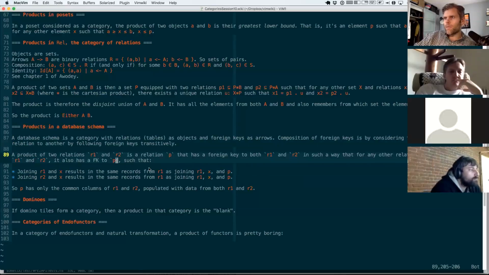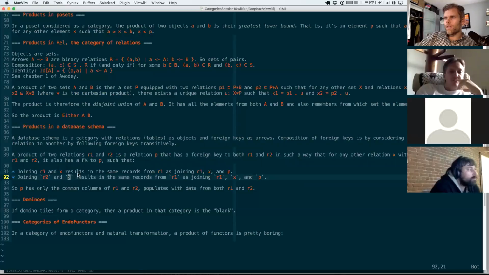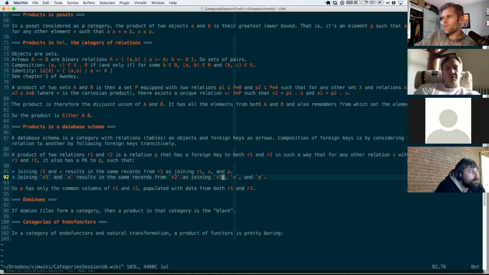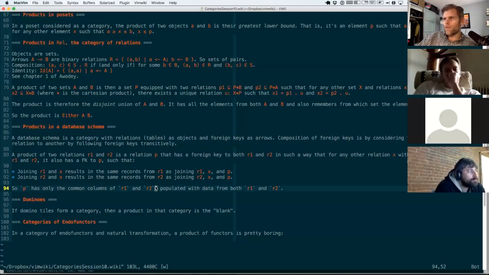And so to make this work, joining R1 and X must result in the same records from R1 as joining R1, X, and P. And then R2 and X joined have the same records from R2 as joining R2, X, and P. So the only option is that P has only the common columns of R1 and R2 populated with all the data from R1 and all the data from R2, right?